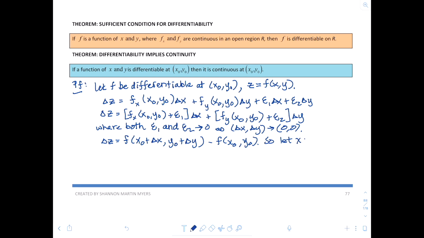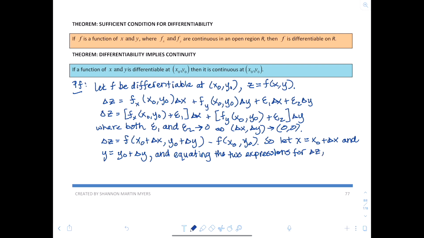We're going to let x equal x0 plus delta x, and we're going to let y equal y0 plus delta y. And equating the two expressions for delta z, let's see what we'll have.